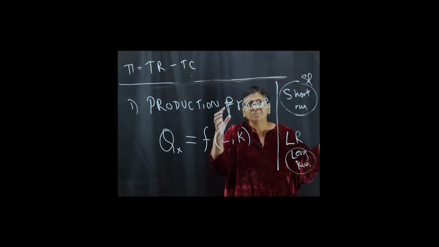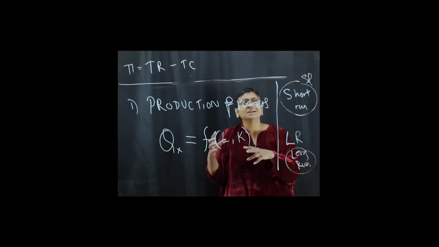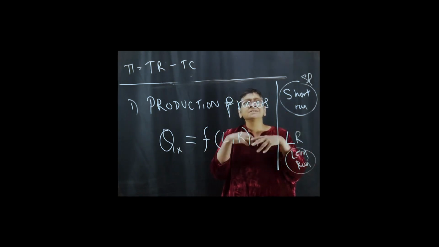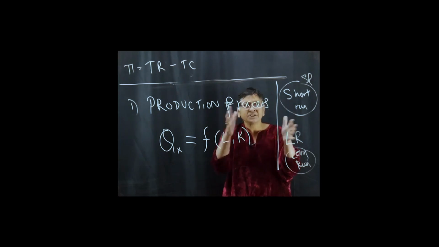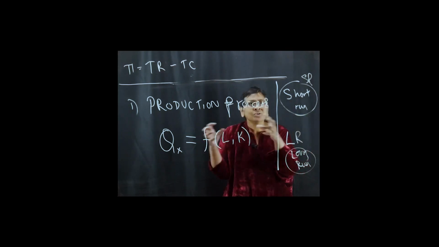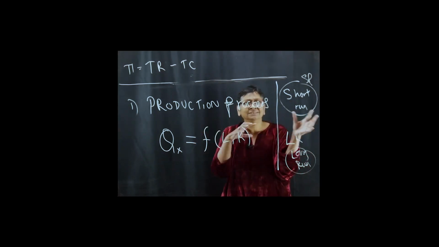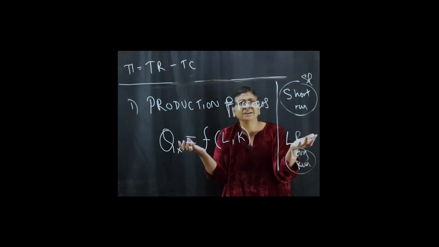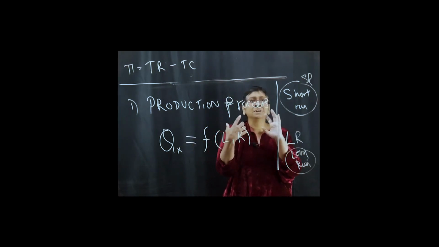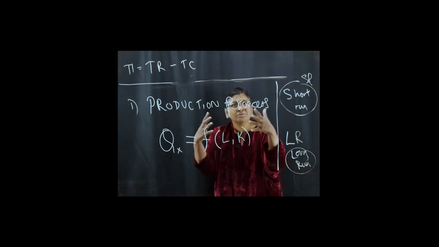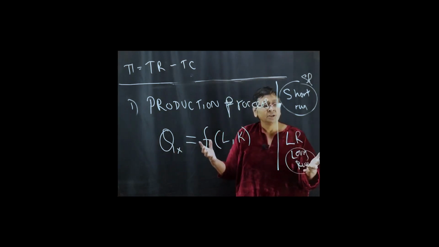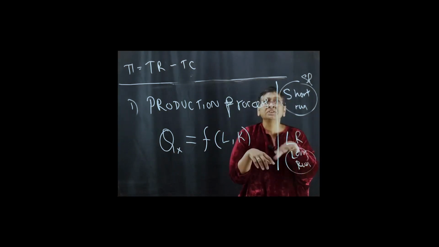Because I'm still stuck. I'm trying to enter the market, but I'm not there yet. In the short run, you've got fixed costs, you've got stuff that you're working through, and you don't have as many firms entering and leaving the market in that way. Maybe some firms will leave, but entering the market, you have to do your setup. Right? In the long run, that all works out.